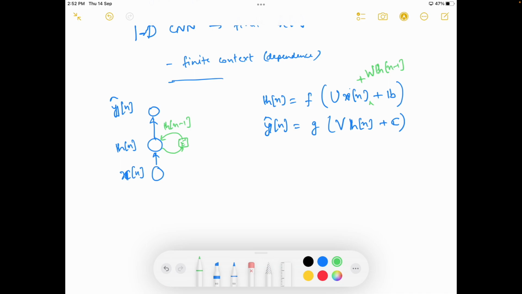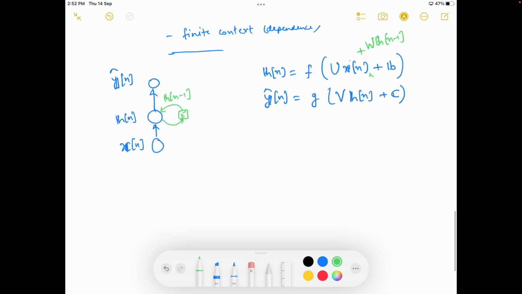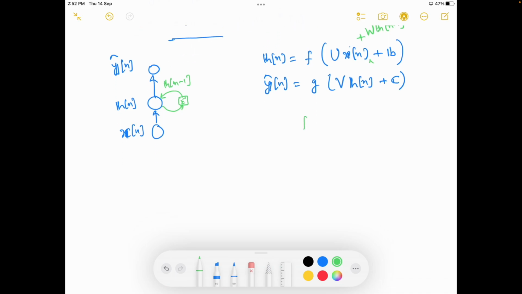Is the non-linearity being applied on the recurrence element, or does it occur in addition after the non-linearity is applied to the x part and then we add it? No, f is applied after you add Ux and Wh. Okay, I think I should write it completely. So it is f of Ux, I'm skipping the n's.